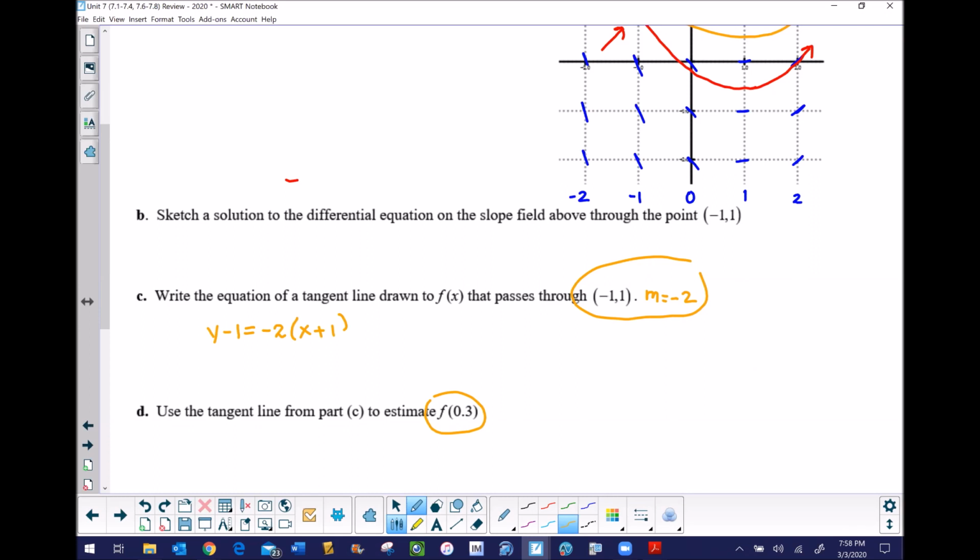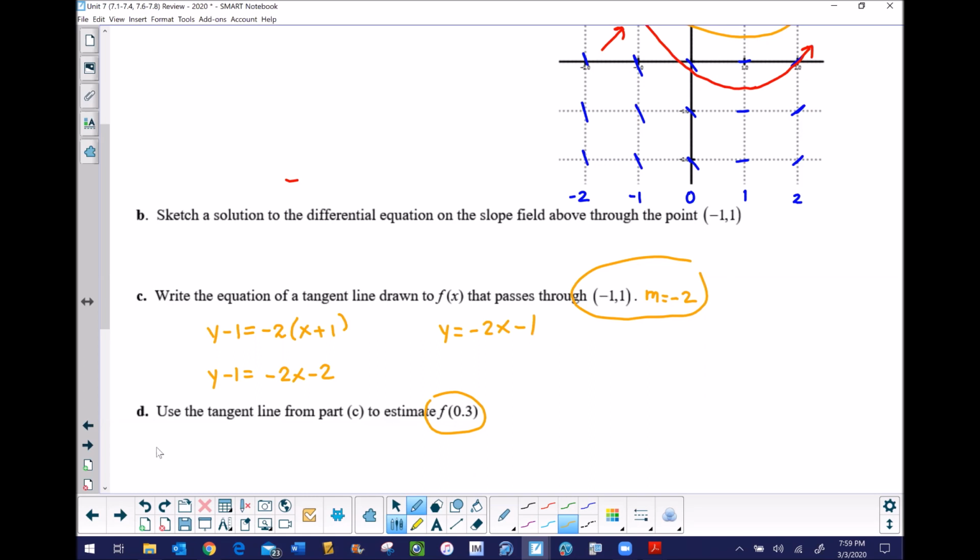And then if you want to get y by itself, you can. You're going to probably do it eventually here in part D. So if I were to multiply through by the -2, and then if I add 1, this would be the best looking, hey, I've got y by itself answer.